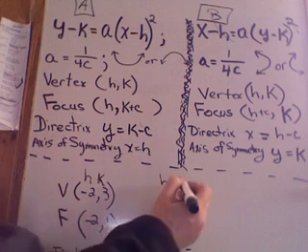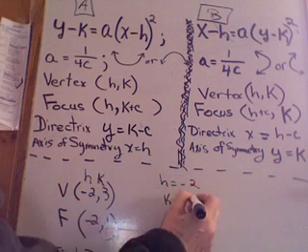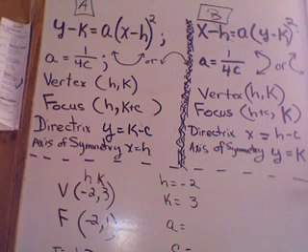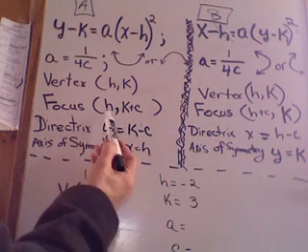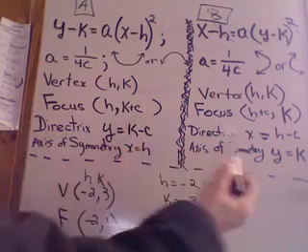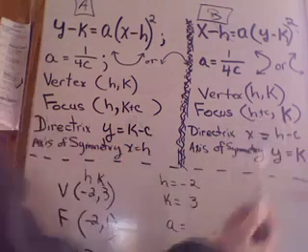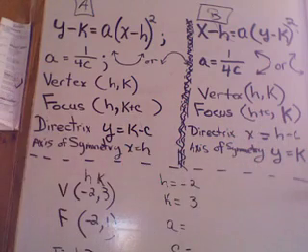So I already know h and k, -2 and 3. Now, here's the hard part, the focus, (-2, 1). Is it (h, k plus c) or is it (h plus c, k)? Do you know? If you want, you could stop the video at this point and try and figure it out on your own. Try that.